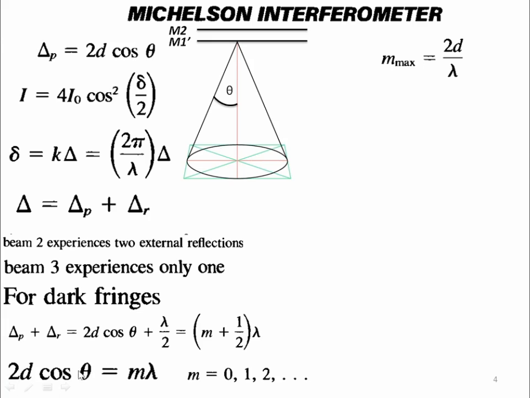Because theta increases as we go away from the center, so accordingly m decreases. This is m max, not m, because cos theta is at its highest value. If theta increases, this will decrease.